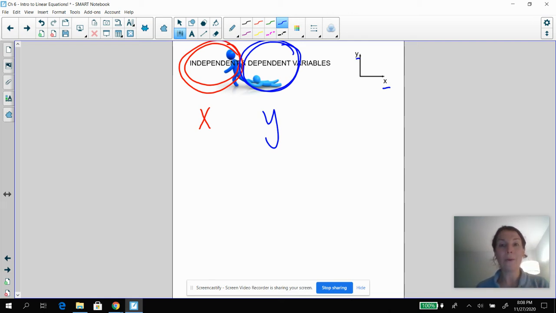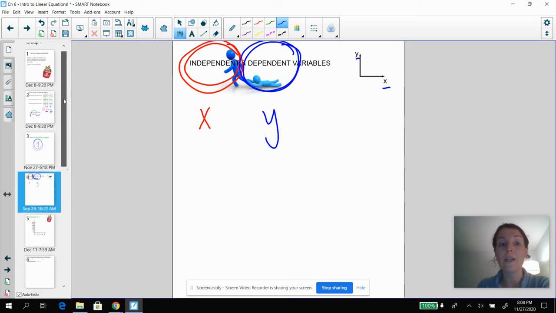As the number of hours you study goes up, that's your x variable, then your grade hopefully would also go up, and that is your y variable. So the dependent variable, the grade on your final exam, that's your dependent variable. And your independent variable is the number of hours that you study.